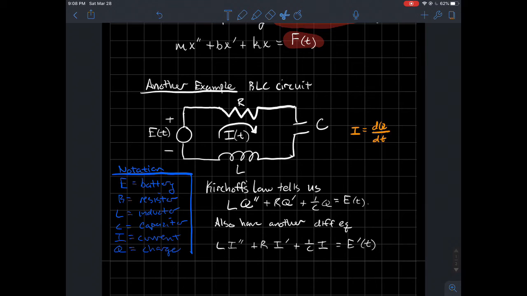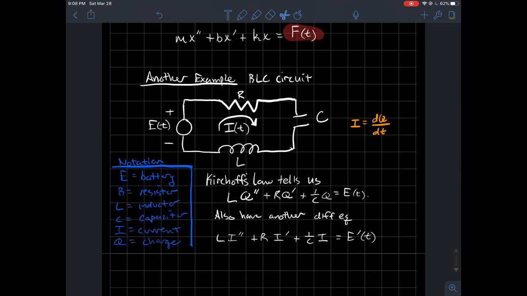How do we set up some differential equations from here? We use some physics that you're not necessarily responsible for knowing, but Kirchhoff's law tells us how a lot of these things relate to each other. Kirchhoff's law immediately gives us the second order equation in Q. Remember, Q is the charge at any particular time. So L Q double prime plus R Q prime plus 1 over C Q is equal to E of t.